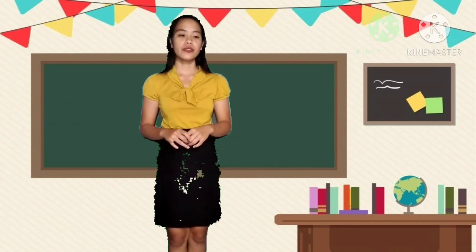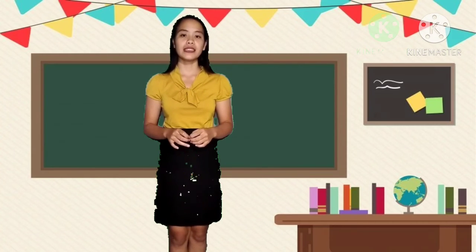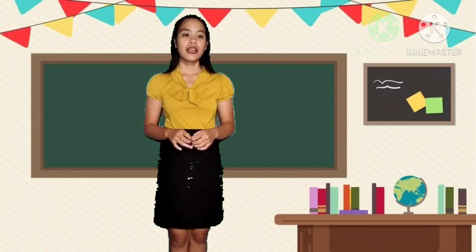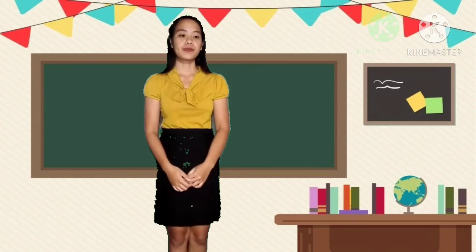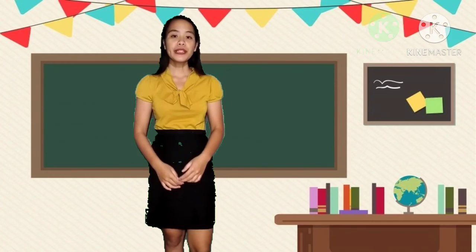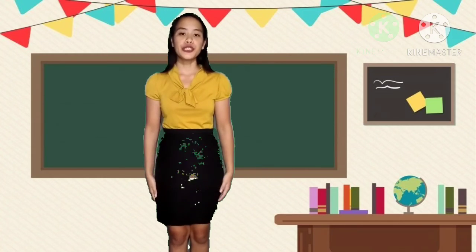Number 6, clouds. Number 7, grass. Number 8, oceans. Number 9, bacteria. And lastly, number 10, thunderstorm.